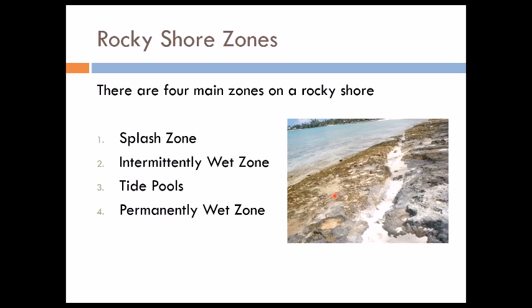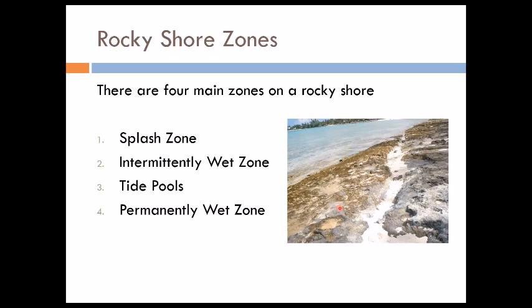What's causing that is that the tides change. During a part of the day you're going to have high tide, and during high tide this area is probably going to be covered by water. Then you're also going to have low tide, which means this area is not going to be completely covered by water.